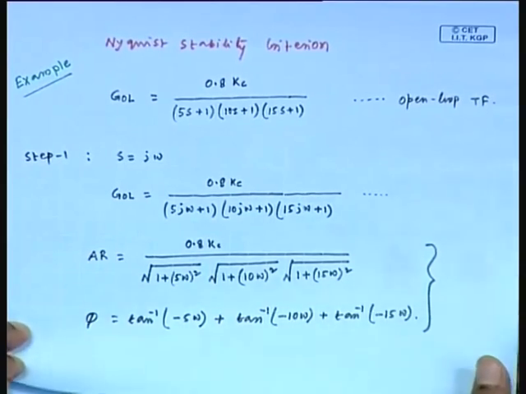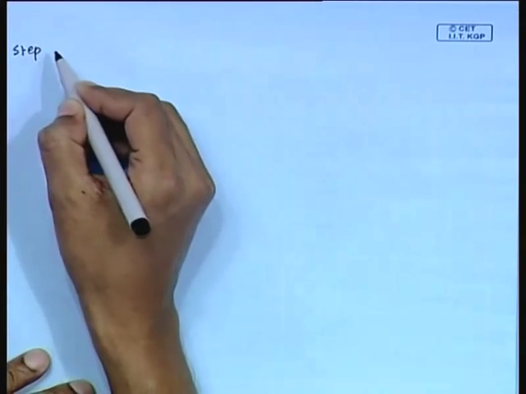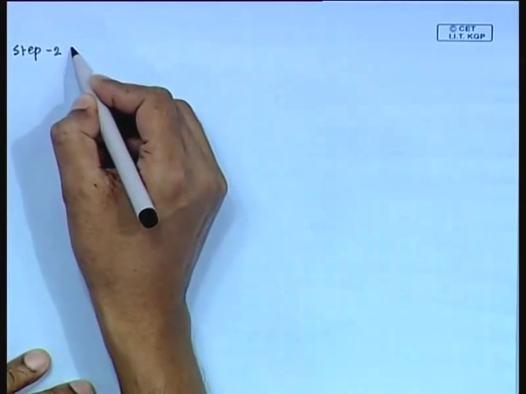Next, we will go to the second step. In this step we will vary omega from 0 to infinity. I have mentioned that we will develop the polar plot by varying omega from minus infinity to infinity.